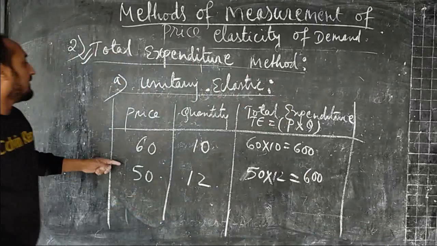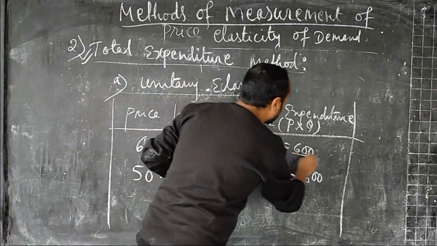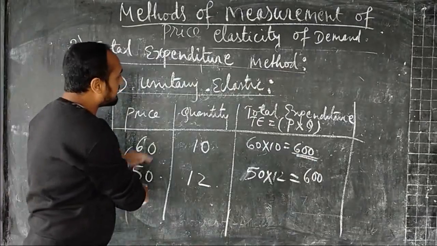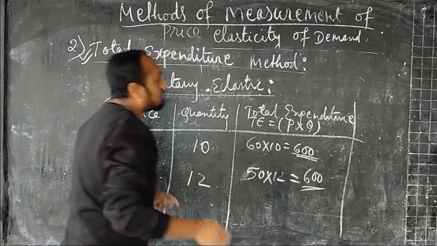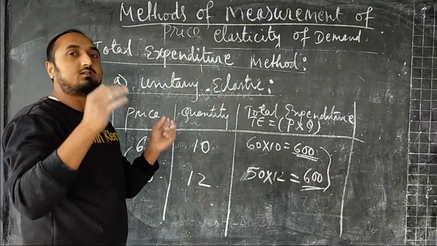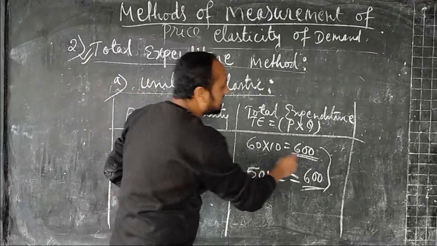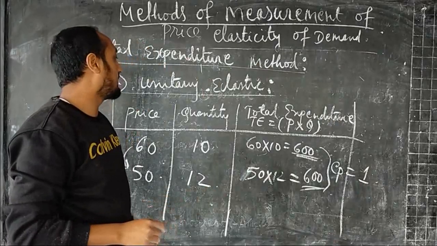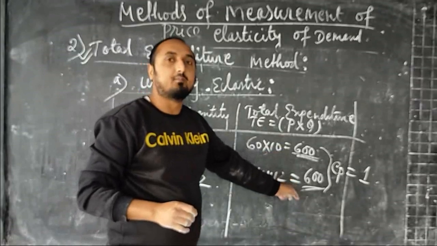So before the change in price, the total expenditure is 600. After the change in price from 60 to 50, the quantity demanded increases from 10 to 12, and here also the total expenditure is 600. So the total expenditure does not change due to change in price of the commodity. In this case, EP equals 1, the price elasticity of demand equals 1. Here the total expenditure remains the same.